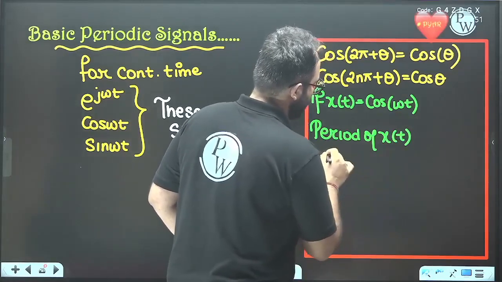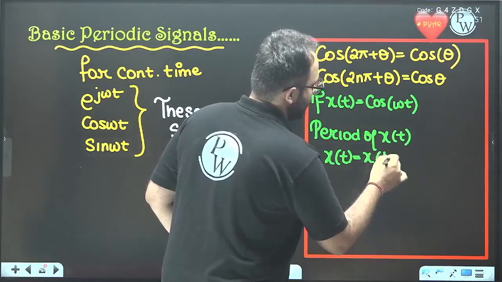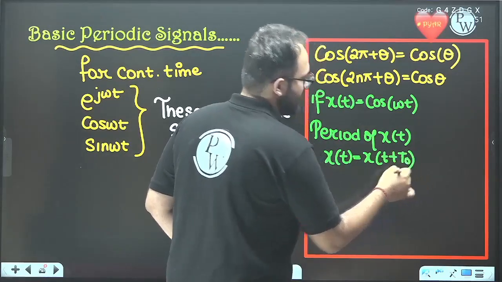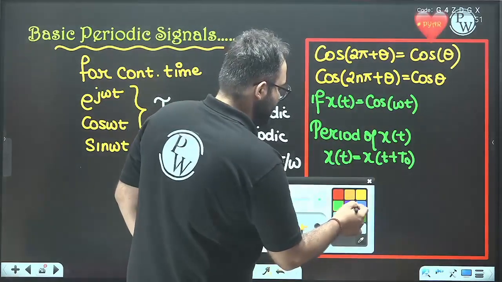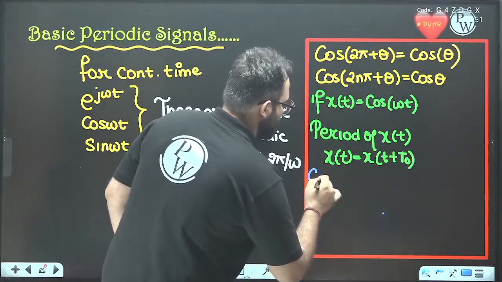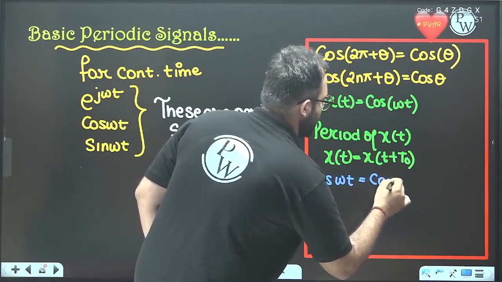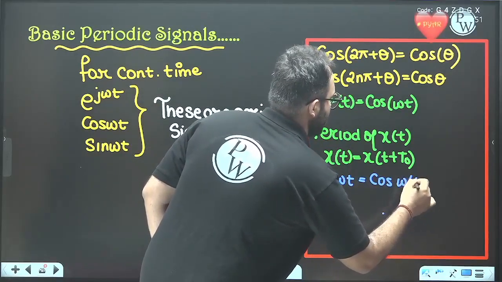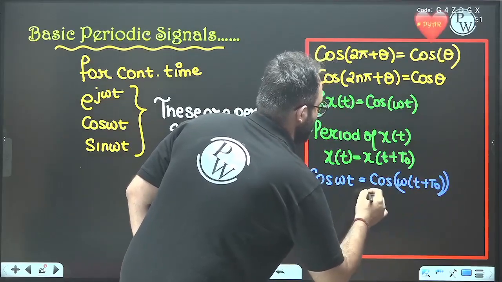then we have to find the period of x(t). So, period of x(t) is given by x(t) equal to x of t plus T naught. We will use this equation here, that is cos omega t is equal to cos of omega t plus T naught.